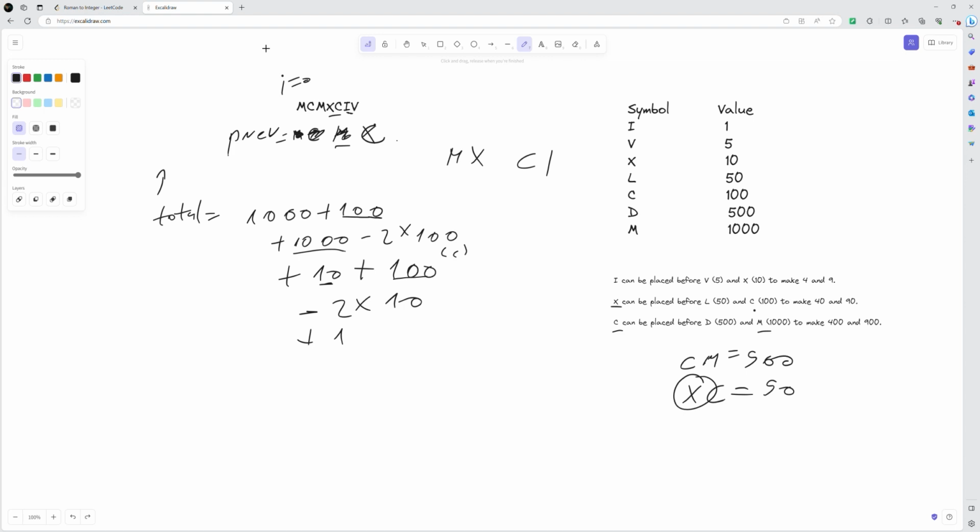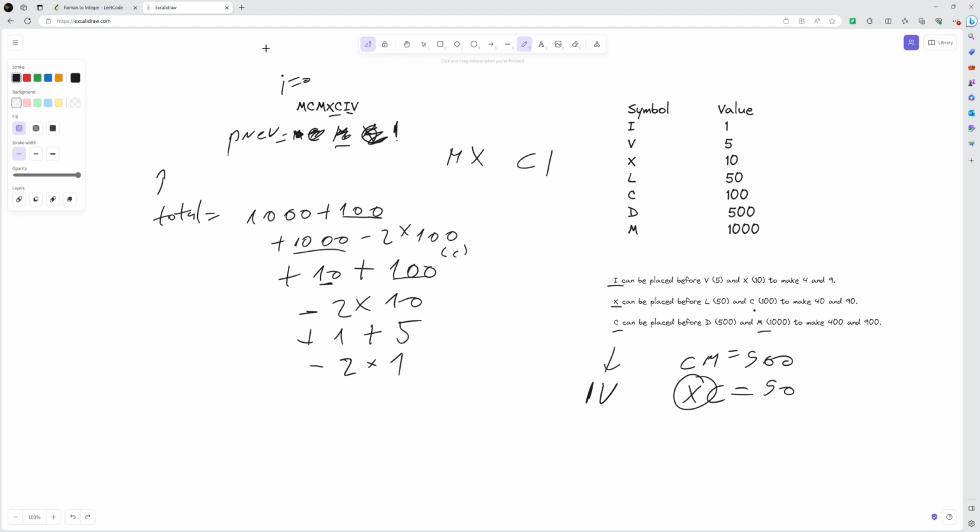If we use the previous value of C and the current value of the character, which is I, so CI, this is not a valid subtraction, so we just move to our last character, which is V, and we add V because its value is 5, and our previous value was I, so we will have IV, which is a valid subtraction because I can be placed before V and X, and in this example we have a V. So we will subtract 2 times the previous value, which is I, and the value mapping is 1.